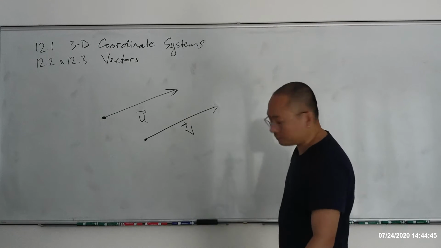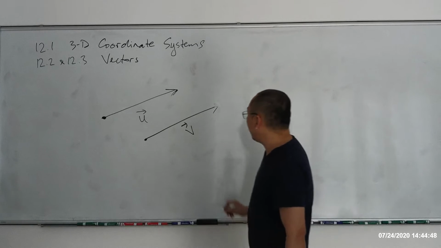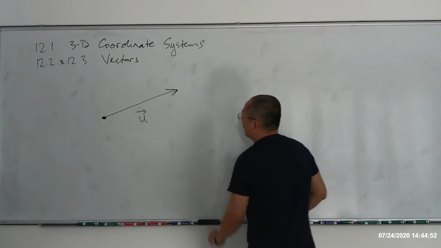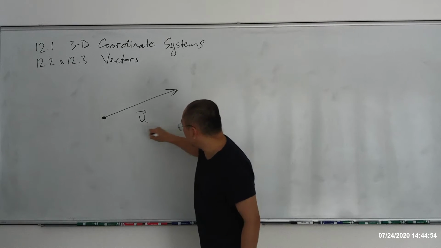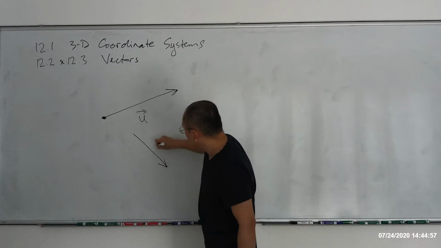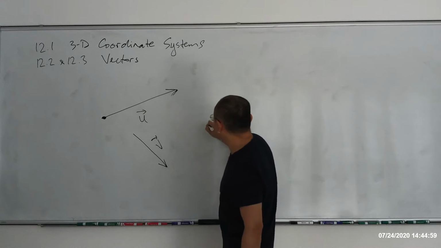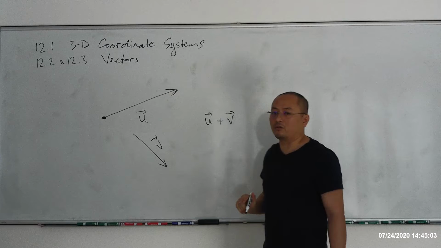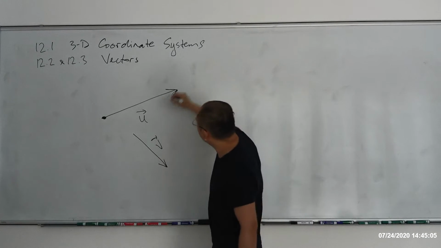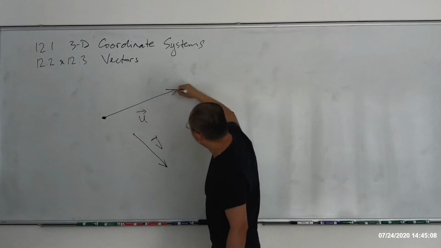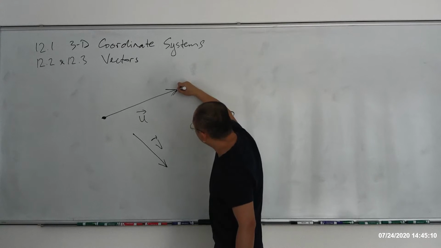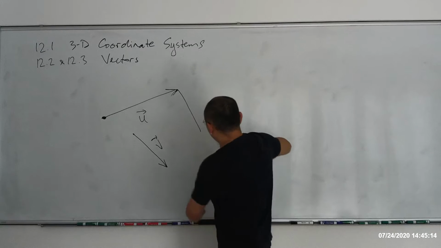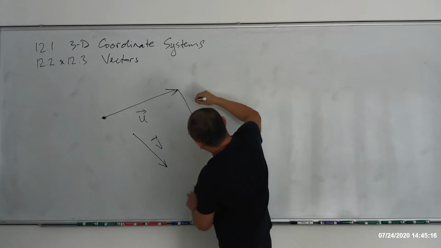Now what if I have two vectors and want to do some algebra with them? This is my vector u, and this is my vector v. What if I want to do u plus v? As I said before, if you shift a vector around, it's the same. So I shift vector v such that the initial point of v is right on top of the terminal point of u, making sure it's parallel.